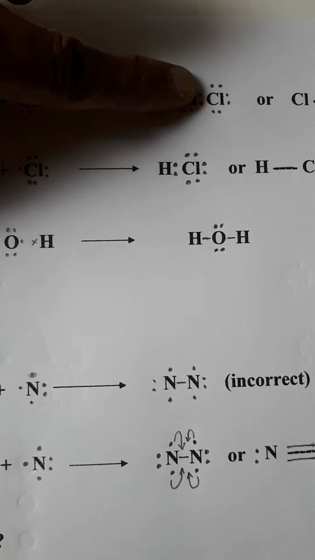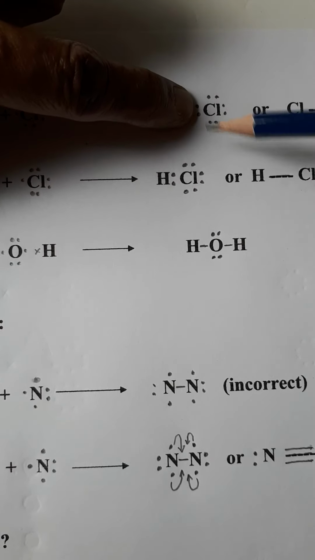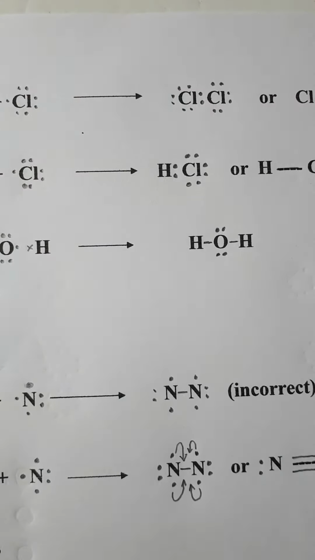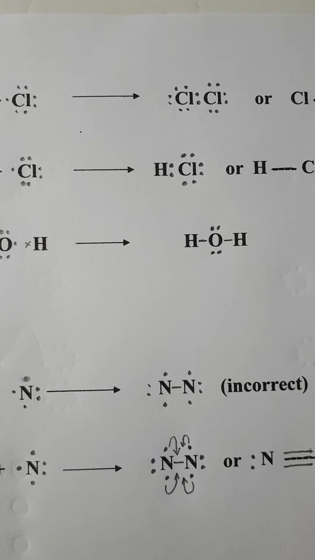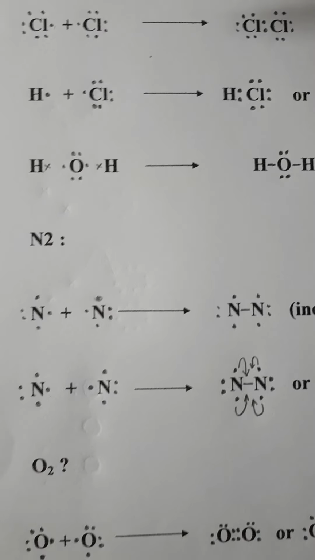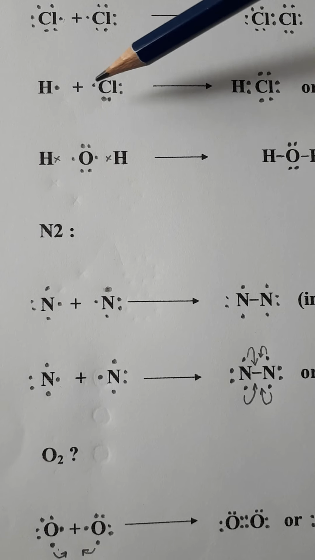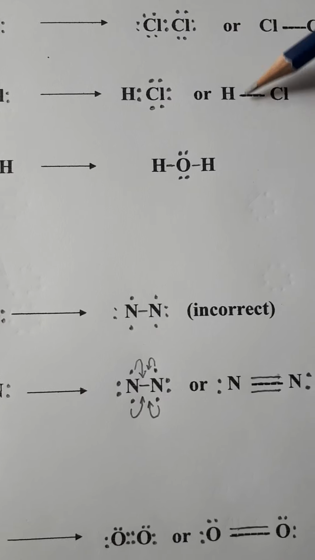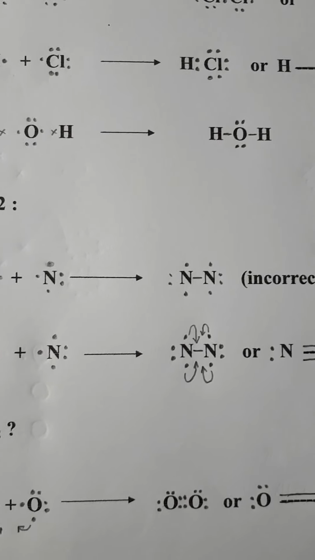If you cover this atom, the other feels that it has 8 electrons in the outermost shell. So again, we have a Cl-Cl bond, that is a chlorine molecule. Same thing with the hydrogen chloride molecule. They make a bond and you get the HCl molecule.